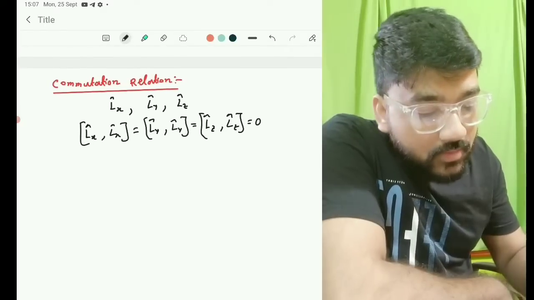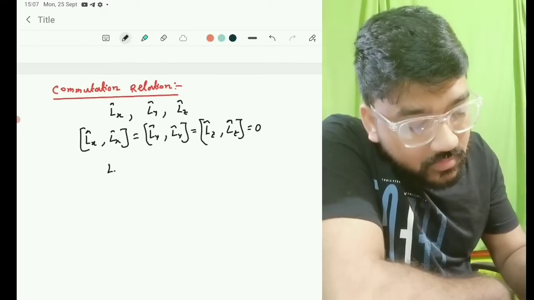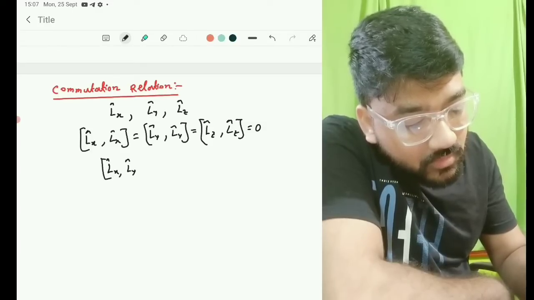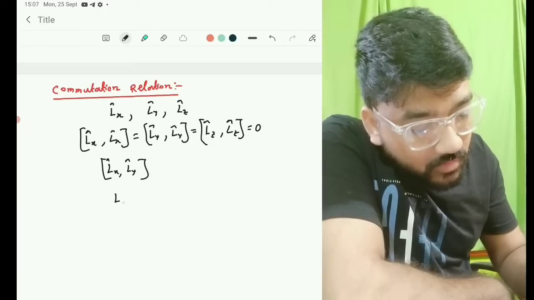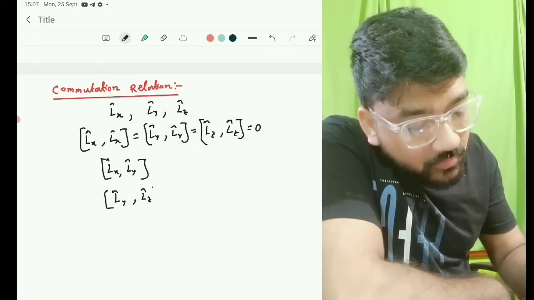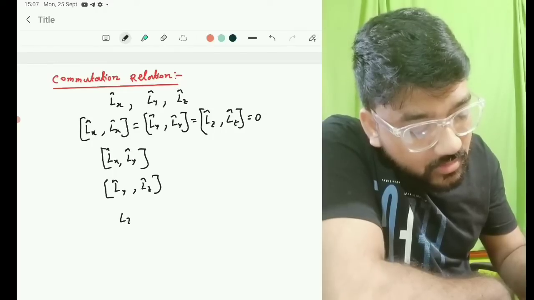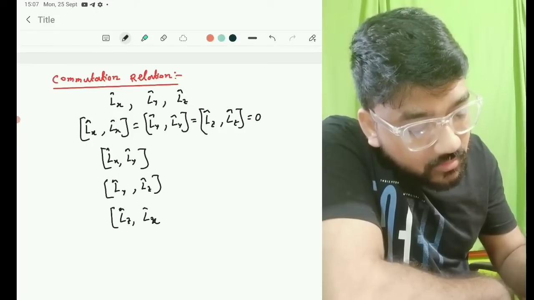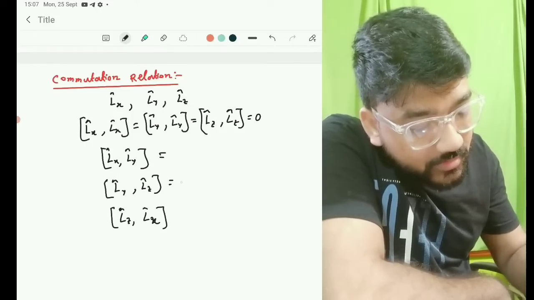But what will be x with y? Suppose you have Lx with Ly, Ly with Lz, or Lz with Lx. So we should have these kinds of things. Now how can you write this?